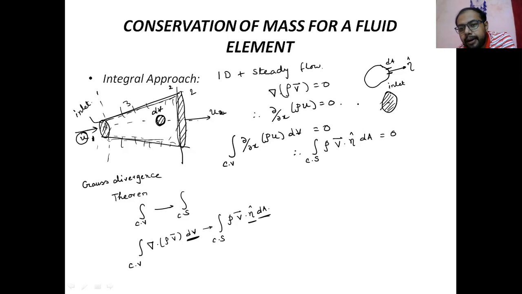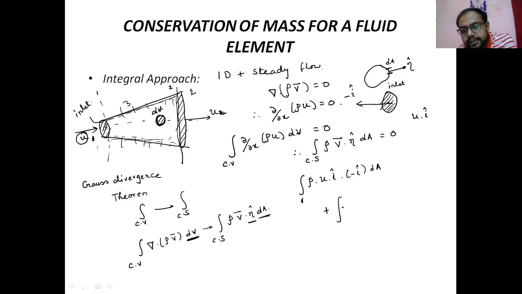From the inlet part, the area vector is outward of the control surface, so that is the minus i direction. And U is U i. So for the first inlet section, you write U i dot minus i dA. That is section 1.